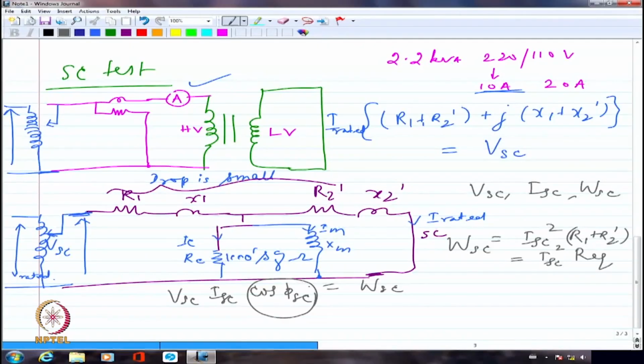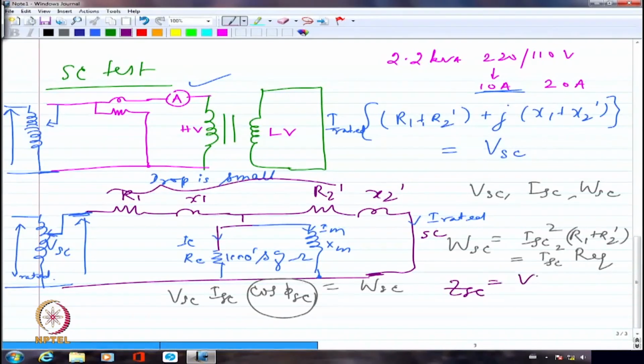It's a series circuit, mind you, unlike open circuit test. In open circuit test, it was a parallel equivalent circuit, so we were looking at the currents being divided. Here the voltage is getting divided between R and X, right? So basically in this case ZSC is VSC by ISC.